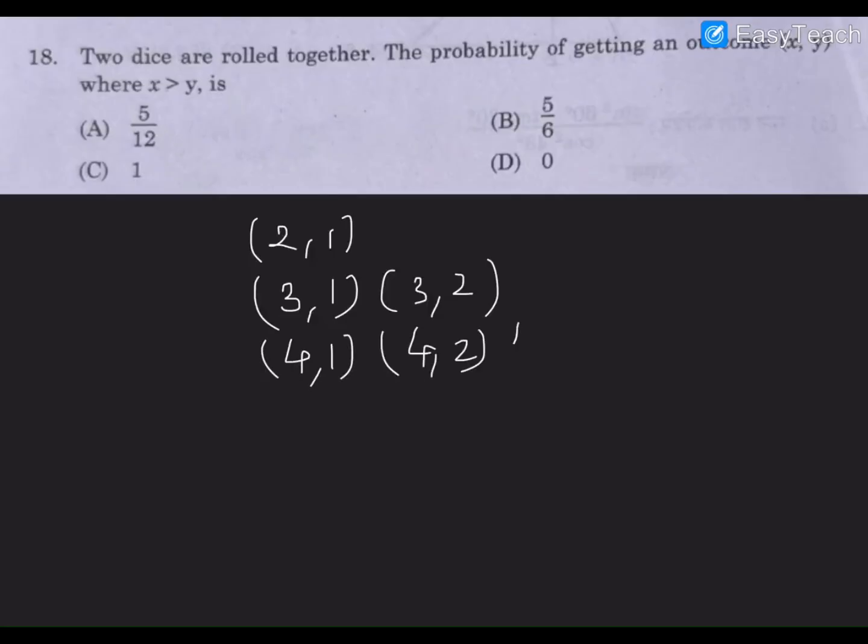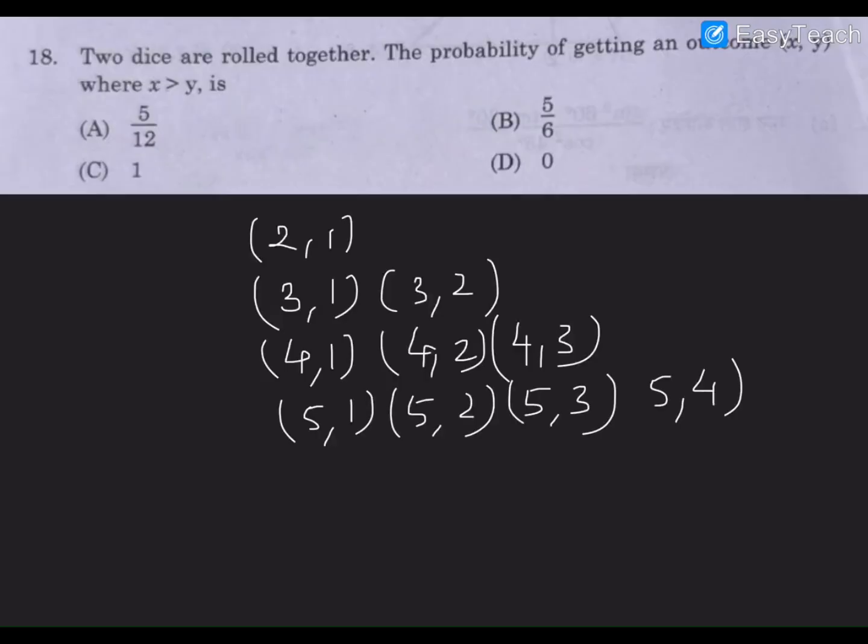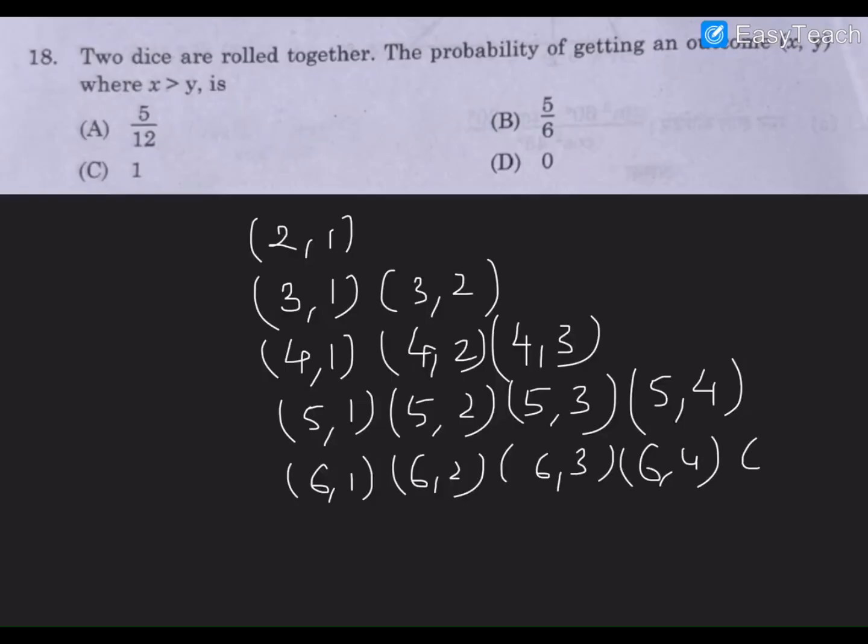In the next question, two dice are rolled together. The probability of getting an outcome (x, y) where x is greater than y. So x greater than y: 2,1 is the first, then 3,1 and 3,2, then 4,1, 4,2 and 4,3, then 5,1, 5,2, 5,3, 5,4, and for 6: 6,1, 6,2, 6,3, 6,4 and 6,5.